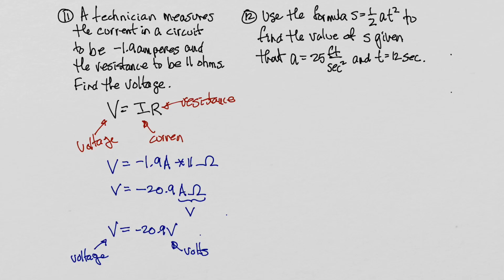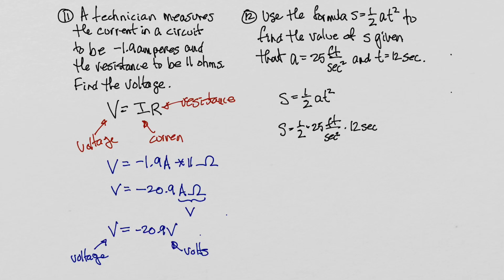Problem 12, we're given the formula here. We don't have to look it up. We're given the formula that S is equal to 1/2 times A times T squared. And we're also given here that A is 25 feet per second squared. That's an acceleration. And the T is equal to 12 seconds. So let's substitute. We're going to get S equals 1/2 times A, and A we're given as 25 feet per second squared, times 12 seconds.